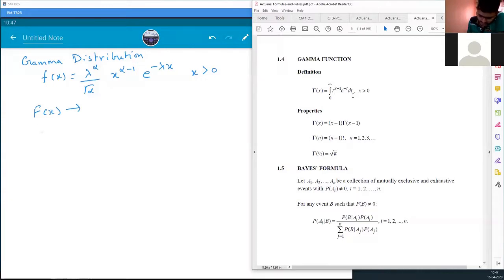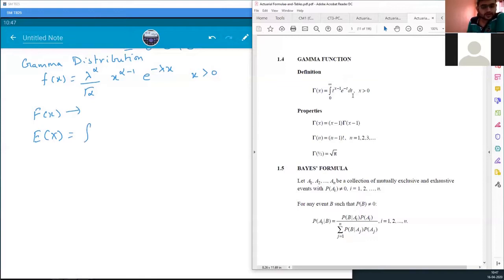Okay, now let's come to expected value. I said earlier that we'll not be able to integrate it. So the next step we are going to do is integrate it. We'll say this will be the integration for all values of x of x into f of x dx.